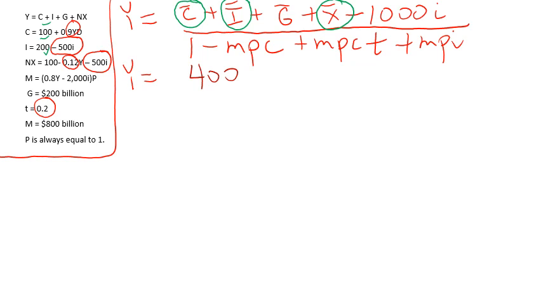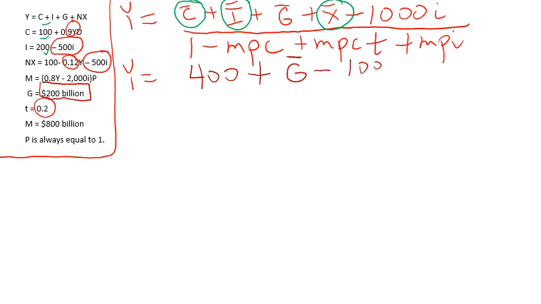Now, why not G? Well, because I want to keep G open. This way, I'm going to be able to calculate the full fiscal multiplier. So I'll just put down plus G autonomous. Now keep in mind that the numerical value of autonomous G is $200 billion, and that the implied coefficient of G is 1.